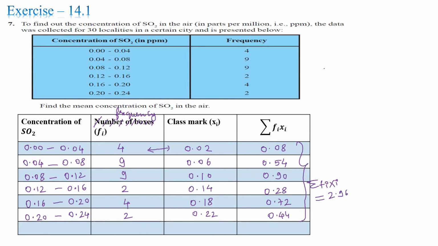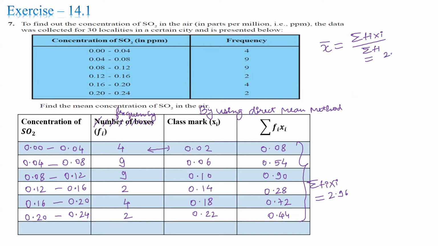So x bar, we are using the direct mean method, so we will mention it. X bar is equal to summation of fi xi divided by summation of fi.